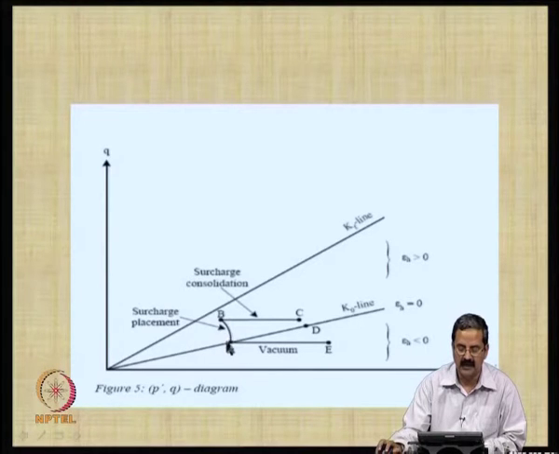In the regular surcharge consolidation, we apply a lot of stress, and this is what preloading is done, so that it moves away from the failure line, that is fine, that is what we do.